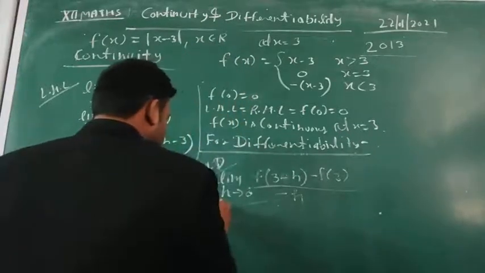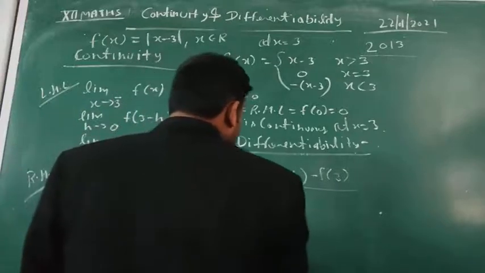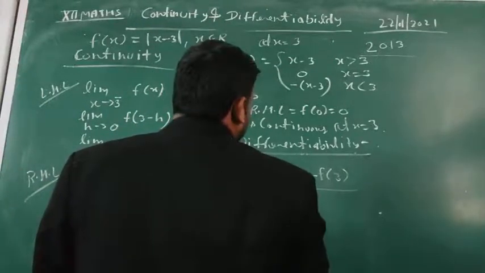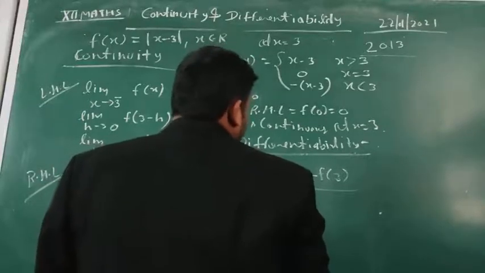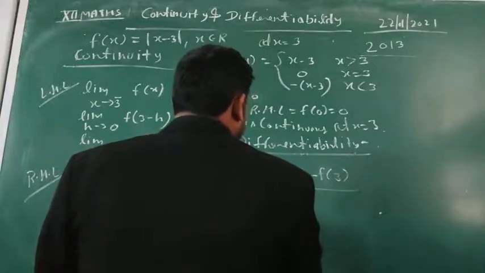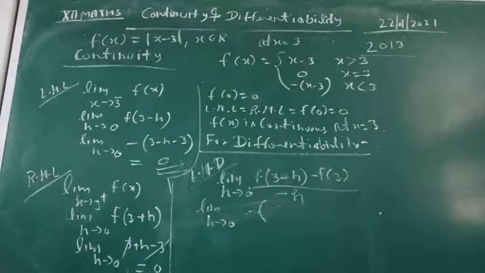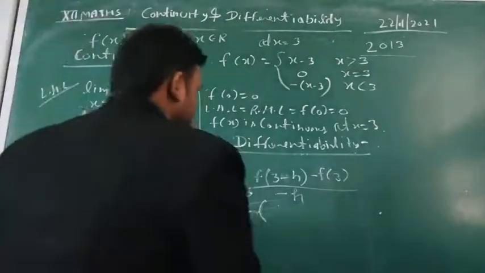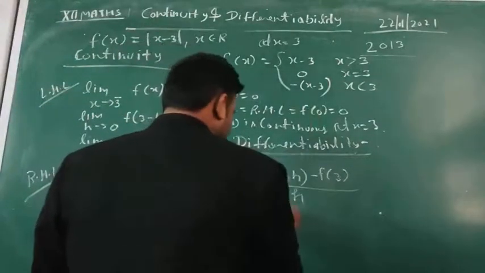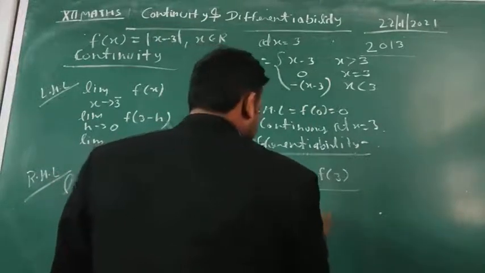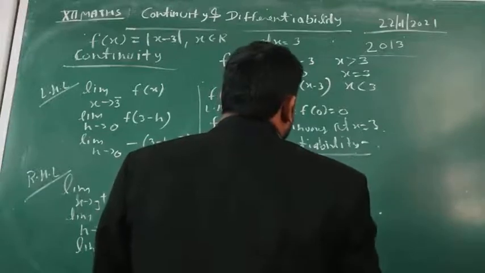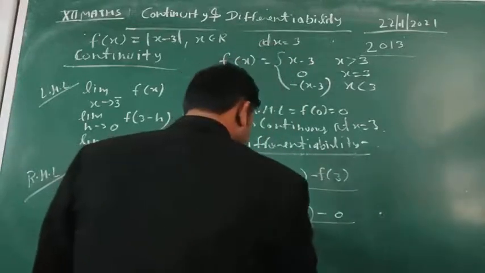Okay student, so limit h tends to 0, f(3 minus h), where 3 minus h is less than 3, so minus (3 minus h minus 3) minus f(3), which is 0, by minus h.